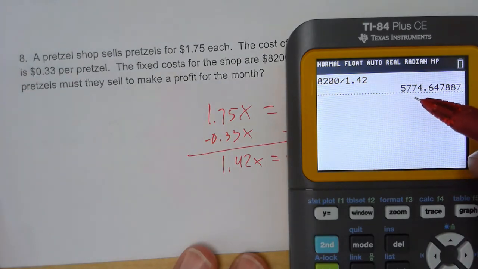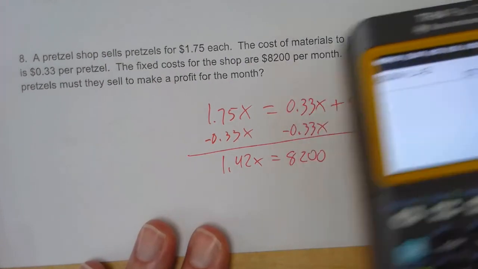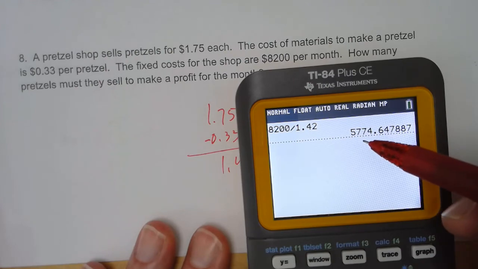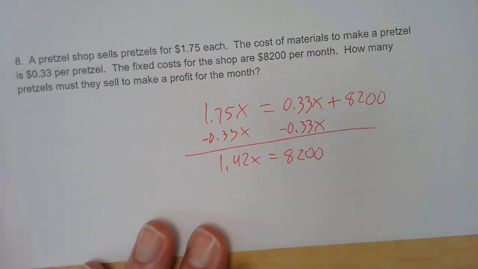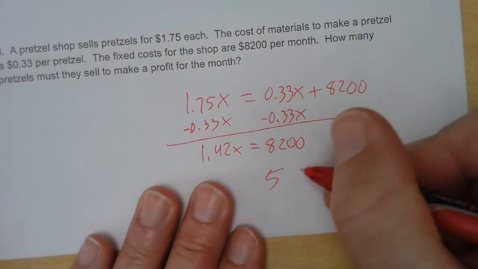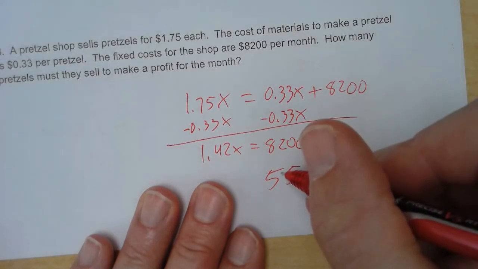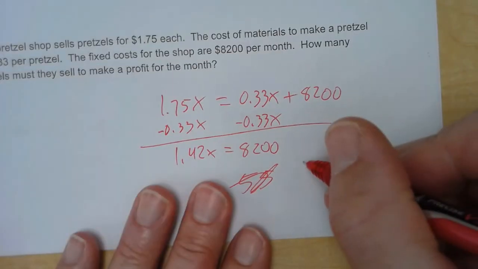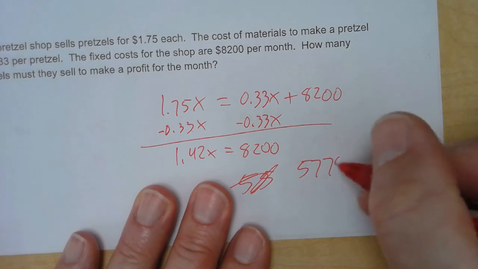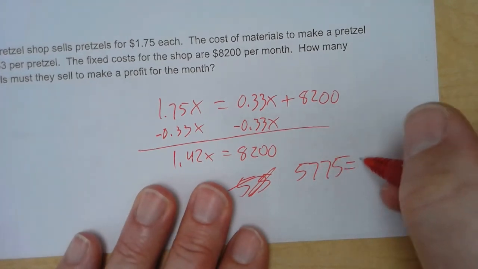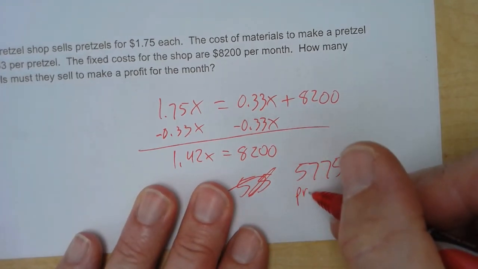So to get a profit, to start making a profit, I have to do 5,775. Nope, wrong. 5,775 is equal to X, and that's the number of pretzels.